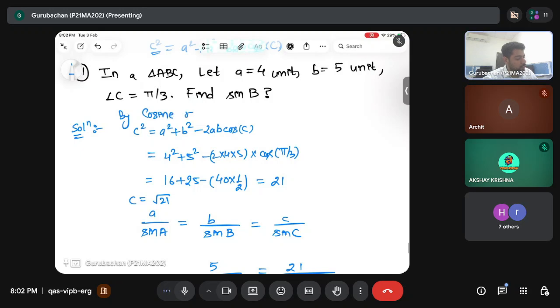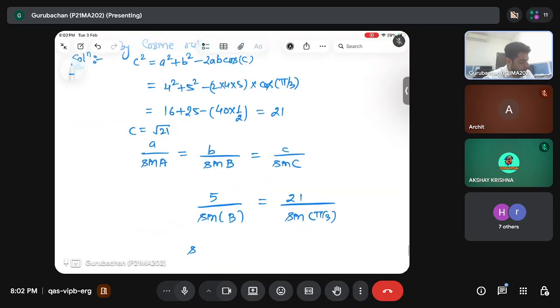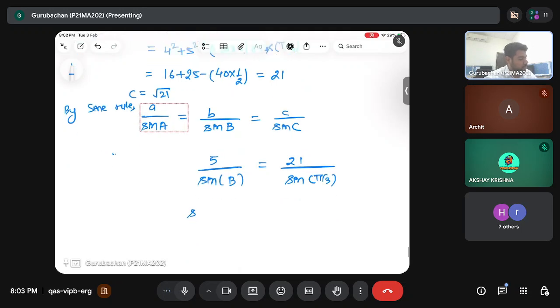This is by cosine rule, and this is by sine rule. So under root 21, is it fine now? Yes, sir.